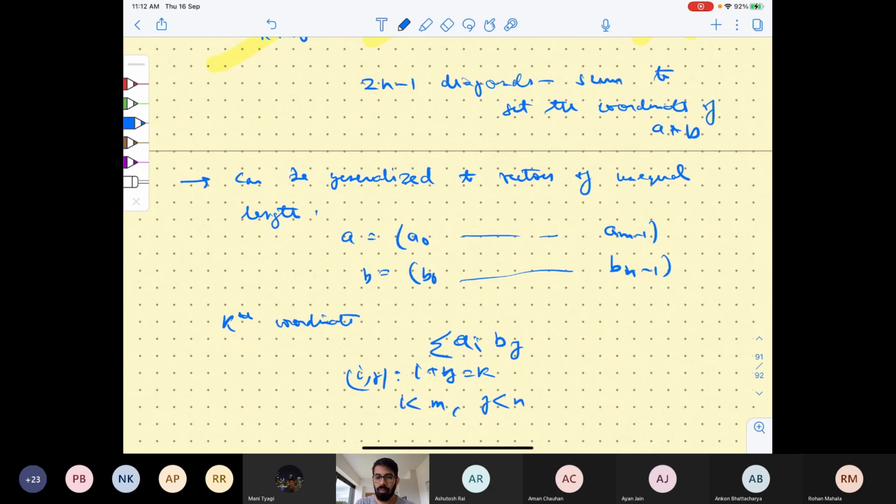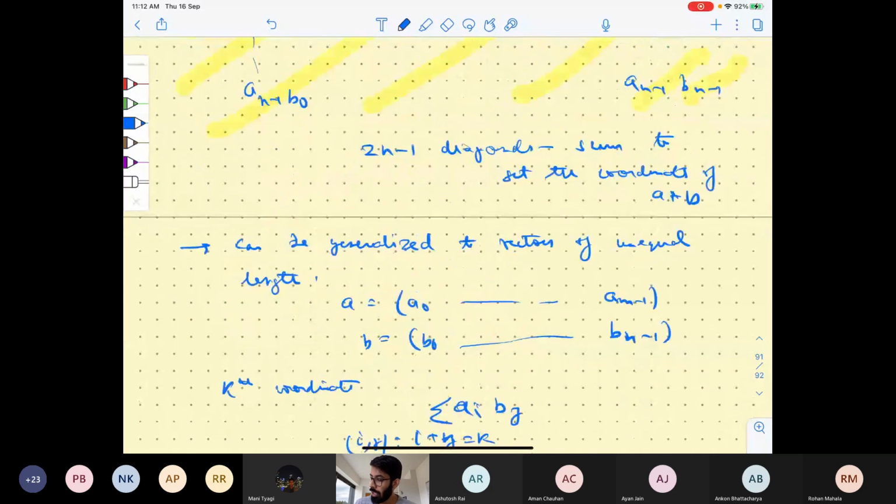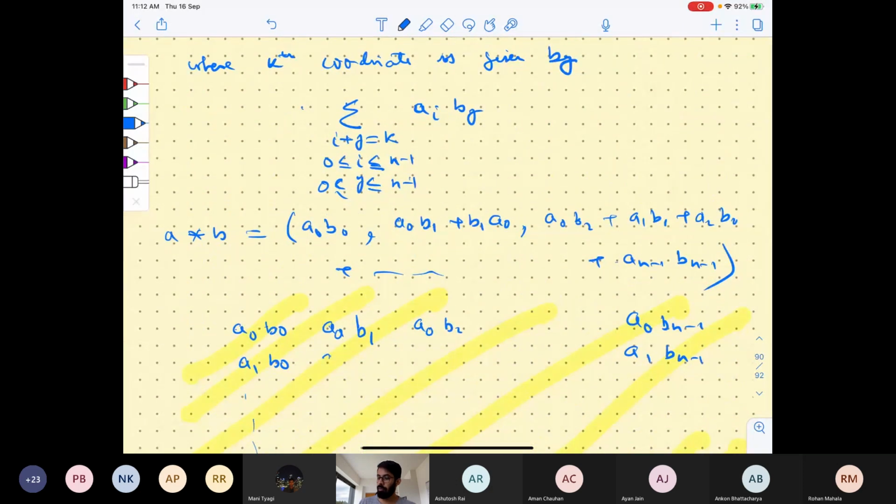So now the question can come that, okay, we have defined something, but what is the use? Why does this quantity make sense? You are just summing the coordinates of two vectors, where the coordinates sum to some number.